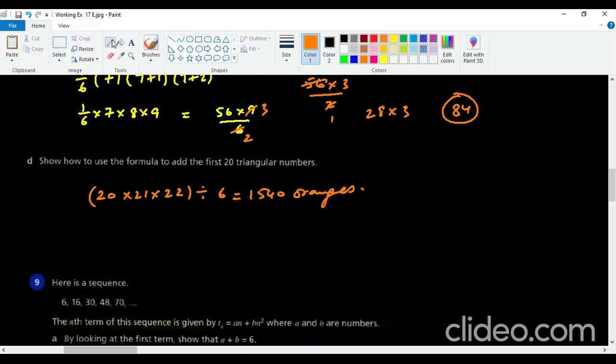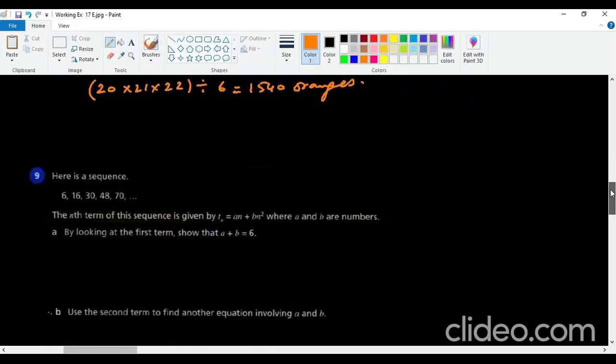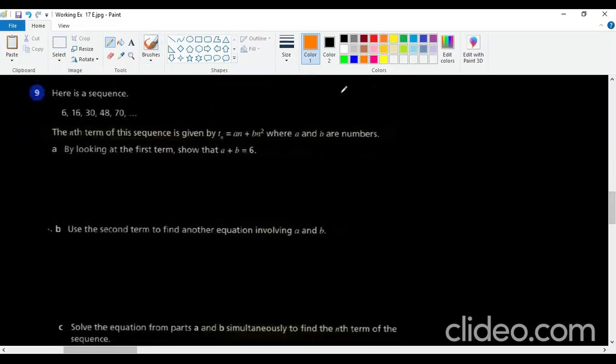Now comes question number 9, which is the last question of this exercise. Now it says 6, 16, 30, 48, and 70. The nth term of the sequence is given by an plus bn square, where a and b are numbers. By looking at the first term, show that a plus b equals 6.